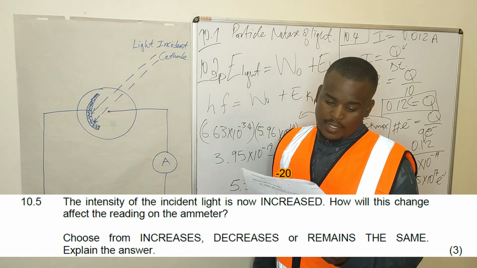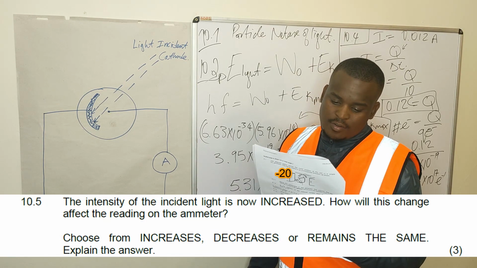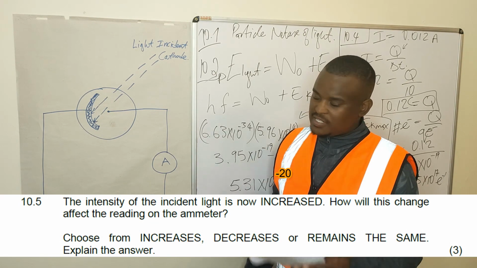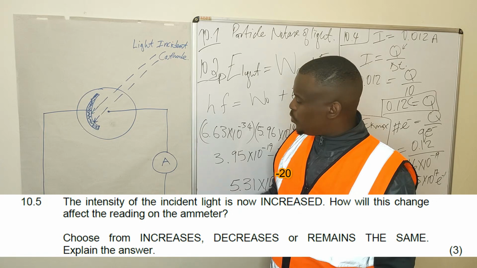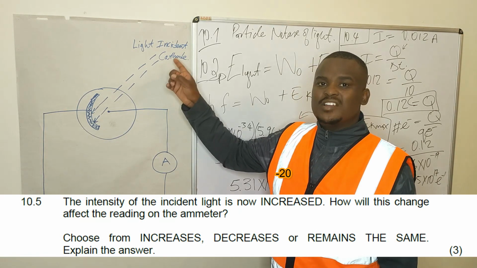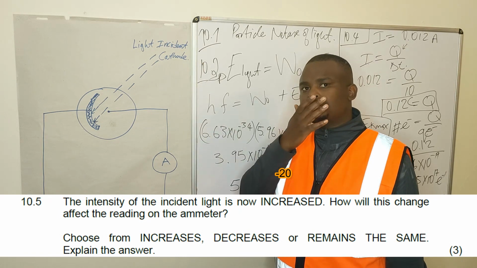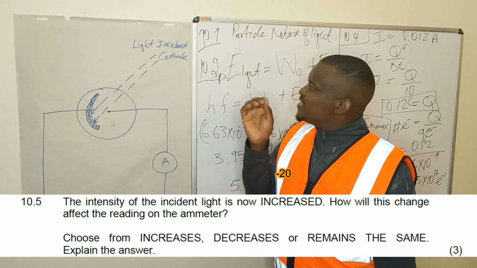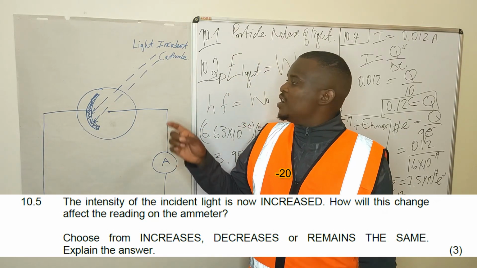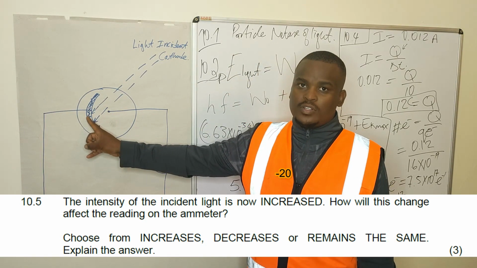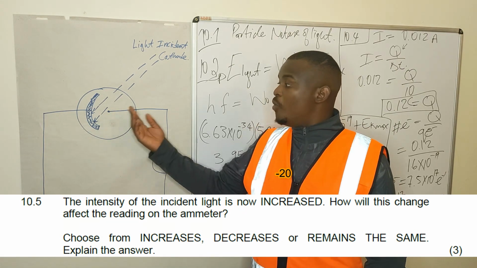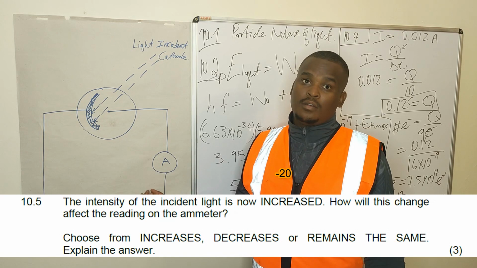Let's go. The intensity of the incident light is now increased. How will this affect the ammeter reading? So the ammeter reading will increase, right? Because if you increase the intensity of the incident light, then you have more photons striking your cathode, which means more electrons will be liberated from the metal, and you have more charge flowing, right?